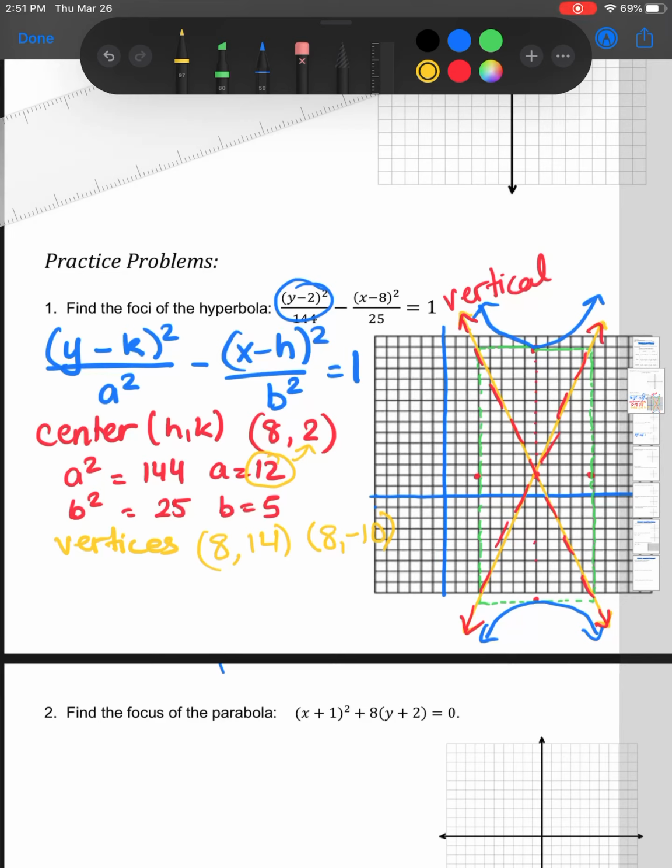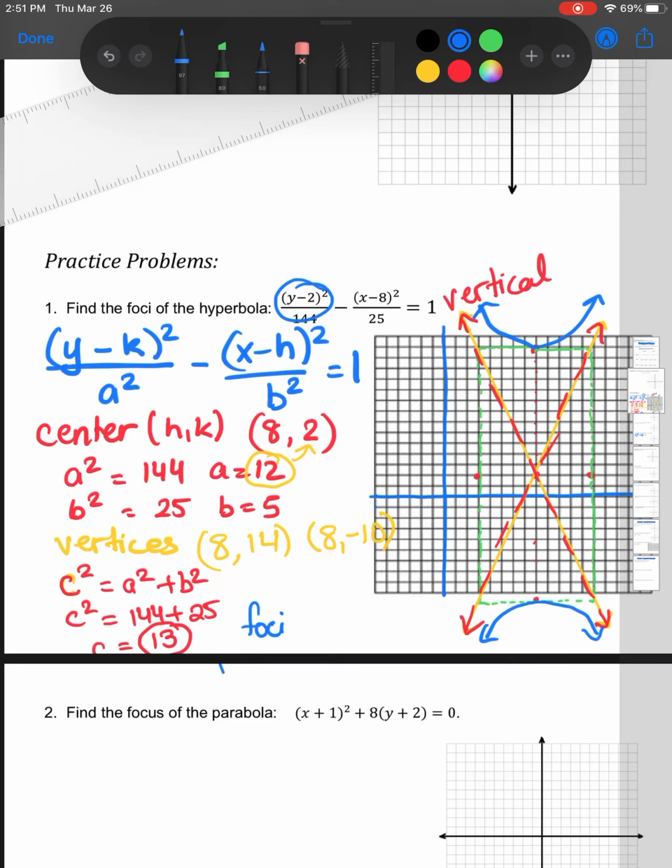Now the foci, you know the formula: c square equals a square plus b square, right? Your a square was 144 plus b square is 25. You know what c would be? It would be 13. So you're taking this 13 and adding it to your 2 and subtracting it from 2 to get the coordinates of your foci.